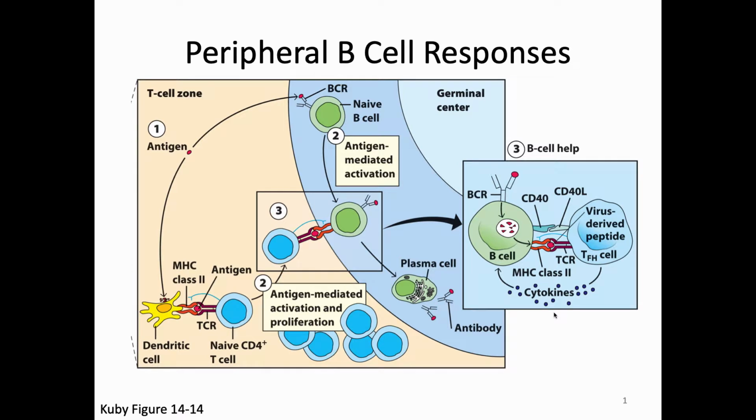All right, so I have a few things that I did not yet mention about peripheral B-cell responses, so I want to talk through those details. After we talk through those details, we are going to go through this problem, which I will hand out right now.